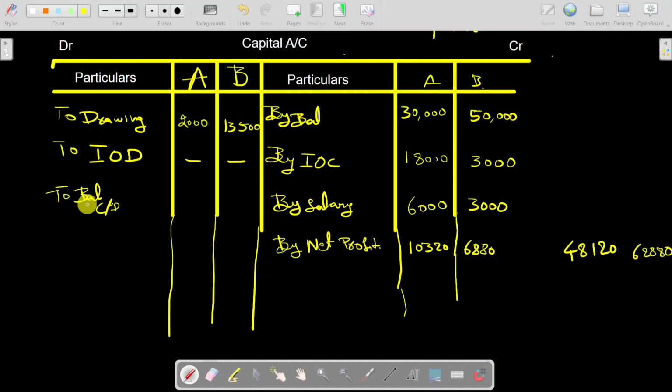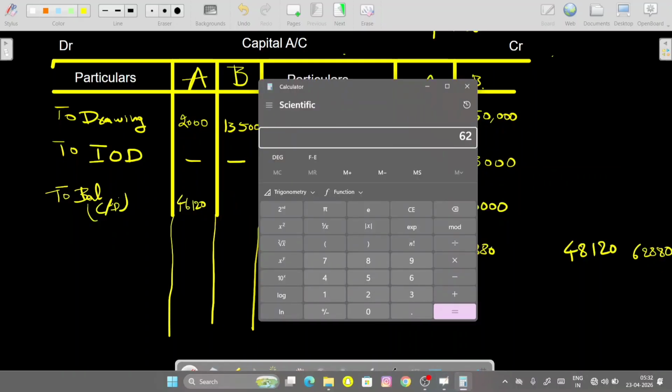Carry forward. Here 46,120. Here 62,880 minus 13,500 is 49,380.